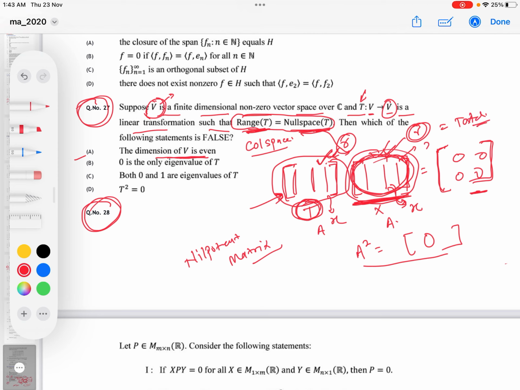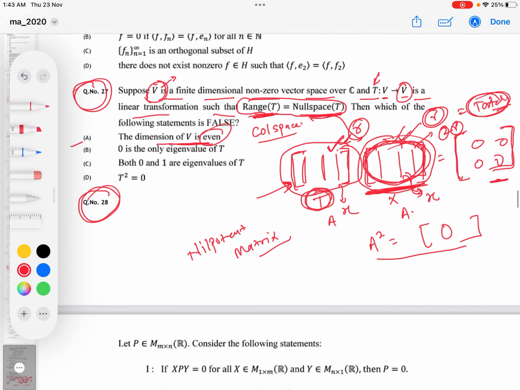So it will be 2r, a multiple of 2, so the total dimension will be even, right?